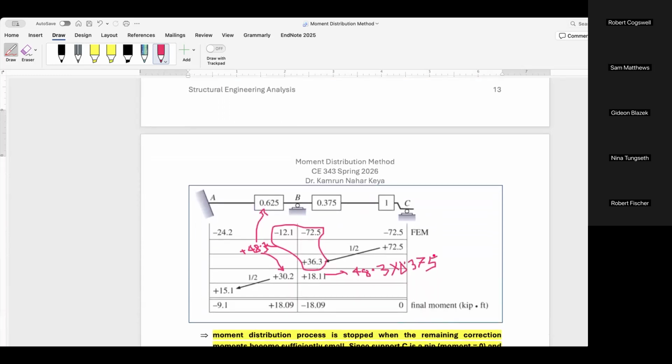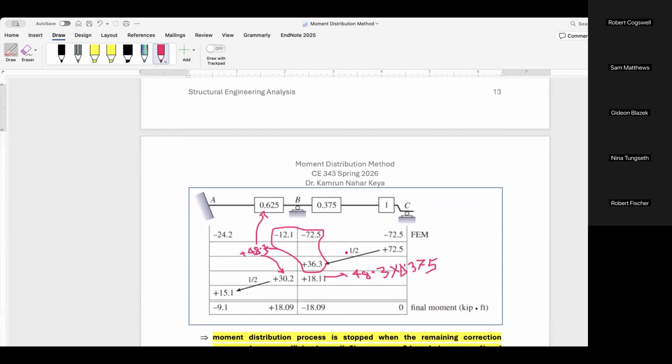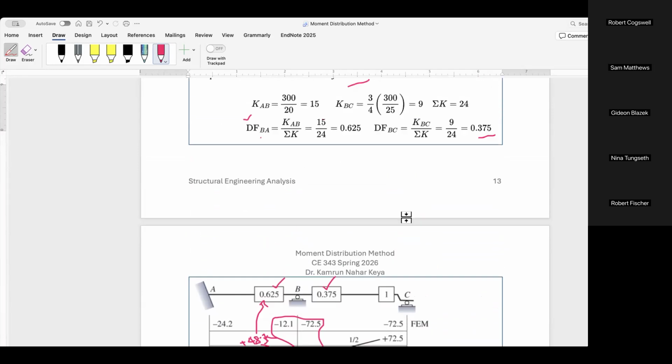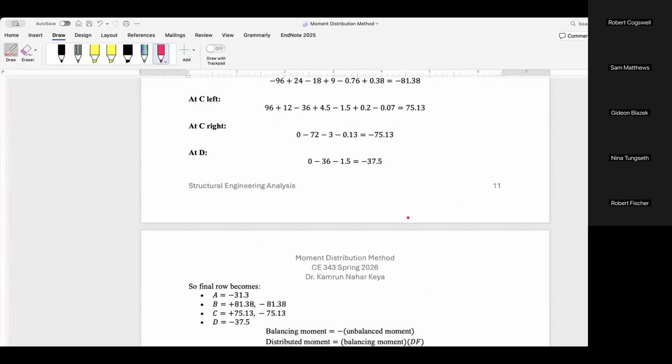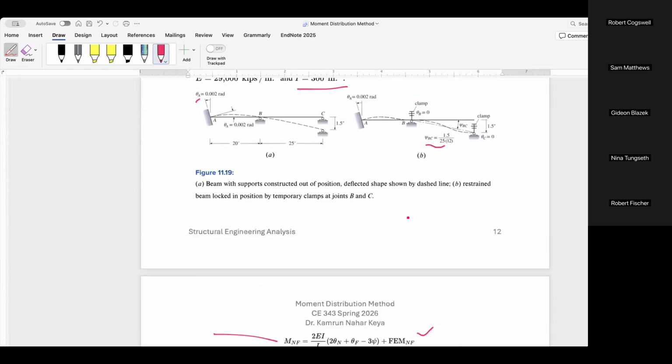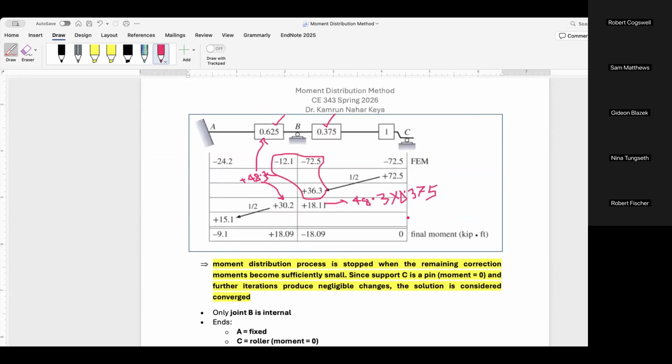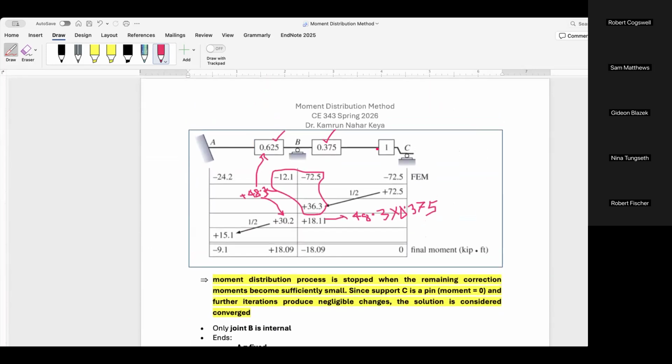Okay, now you write those things: I have distribution factor 0.625 here, at B here 0.375, and here, as initially it was a roller support. Okay, as initially it was a roller support, we consider that the distribution factor here is 1.